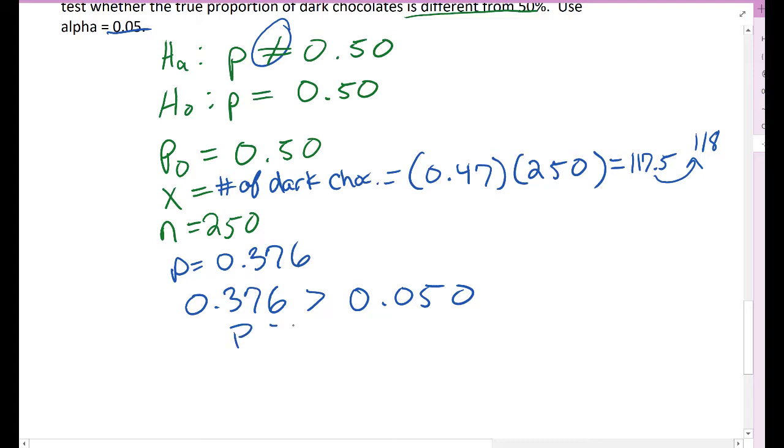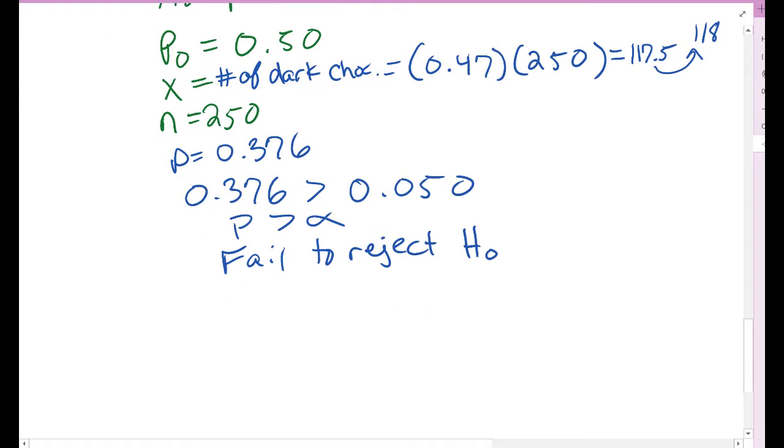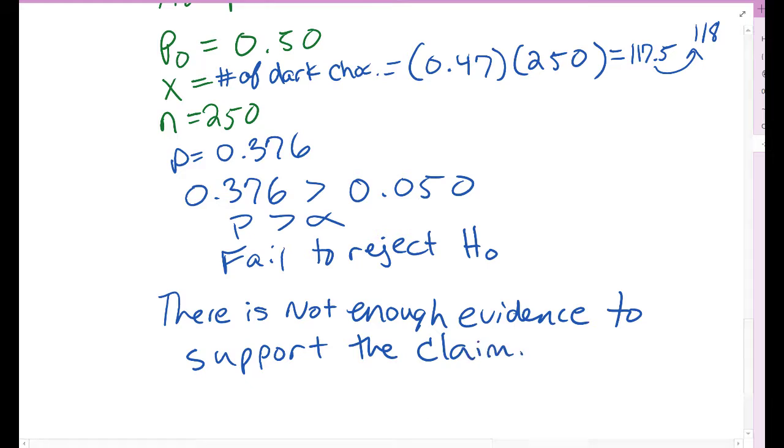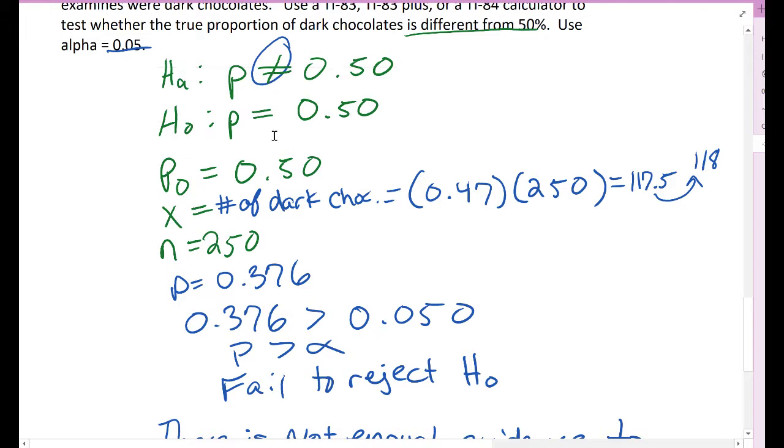So then we're in a situation where the p-value is greater than alpha, which means we must fail to reject the null hypothesis, which means our interpretation is that there is not enough evidence to support the claim. So what that means is that the CEO is incorrect. We don't have enough evidence to prove that the proportion of dark chocolates is different than 50%.